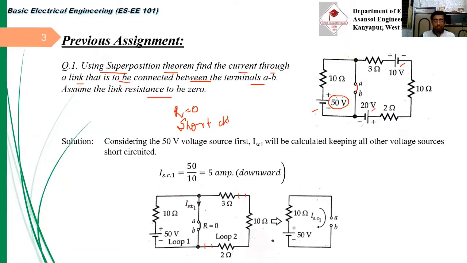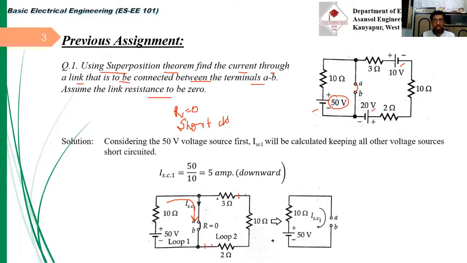Now this is our loop path where 10 ohm, 3 ohm and 2 ohm are in series. Total 10, 3, 2, 15 ohm. Now across this 15 ohm, in parallel, one shorted path is here. Since resistance through this shorted path is very low, here 0, the maximum amount of current will flow through this path.